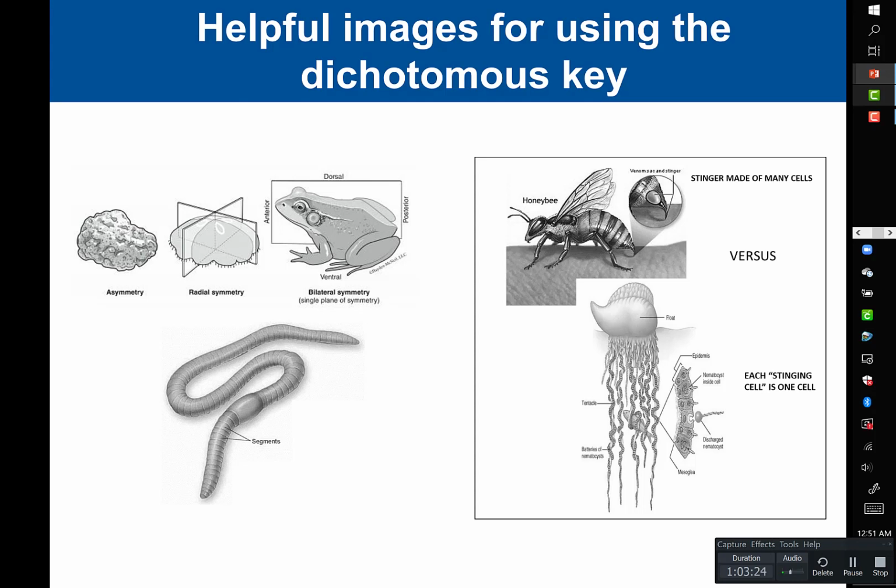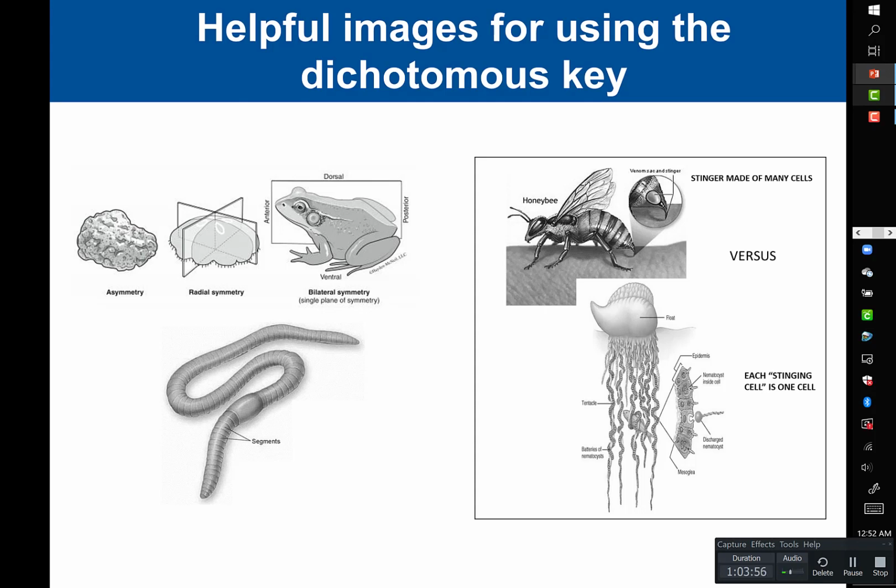The other thing that's helpful is when it's asking for stinging cells. A bee, for example, does not have stinging cells. It's a stinger, or a sharp structure that's made of many cells. Whereas if we look at the tentacles here, each stinging cell is 1 cell.